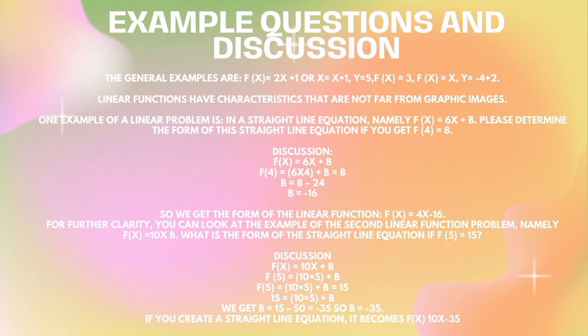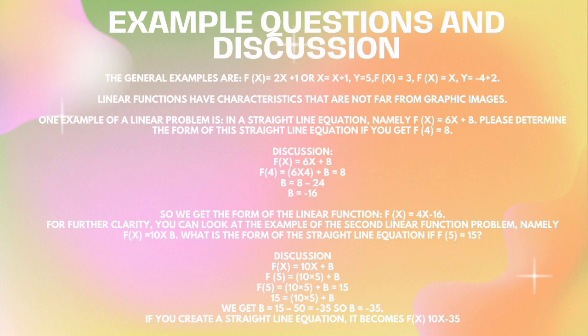For further clarity, you can look at the example of the second linear function problem, namely fx is 10x plus b. What is the form of the straight line equation if f5 is 15? The discussion is fx is 10x plus b. f5 is 10 times 5 plus b is 15. 15 is 10 times 5 plus b.